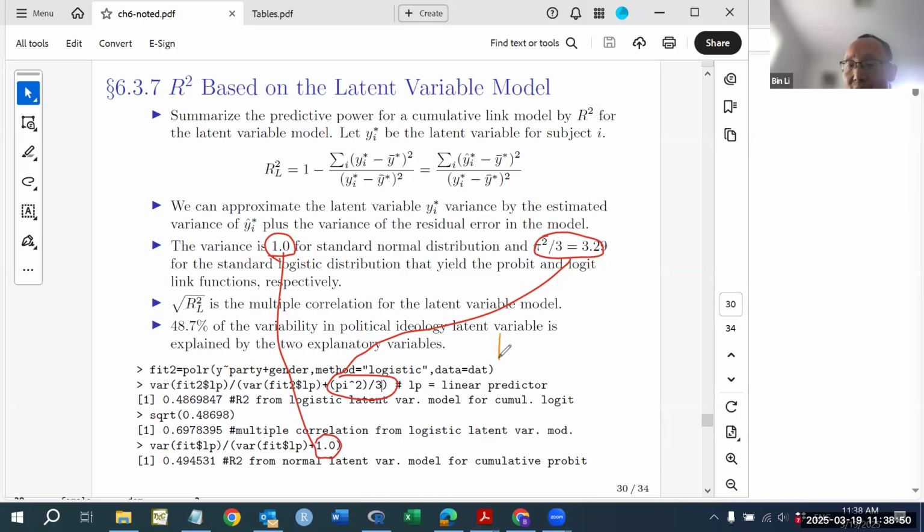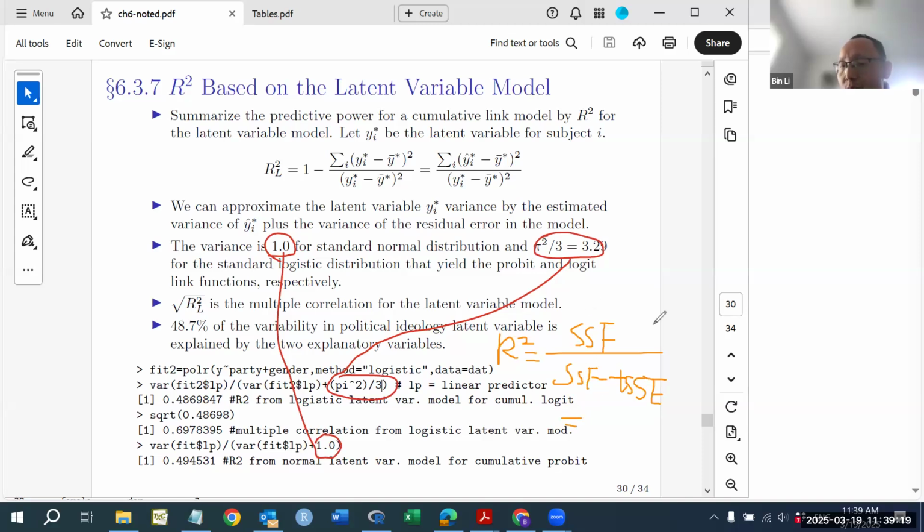So we can define what R square is. R square is the sum of squares for the fitted values over the sum of squares for the fitted values plus the sum of squares for the errors, right? Or we can write it in different ways.